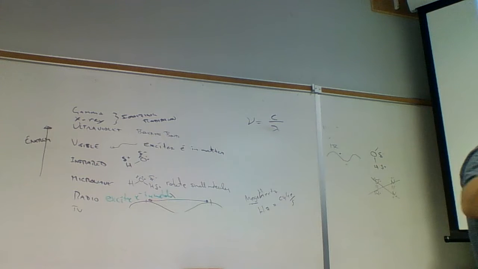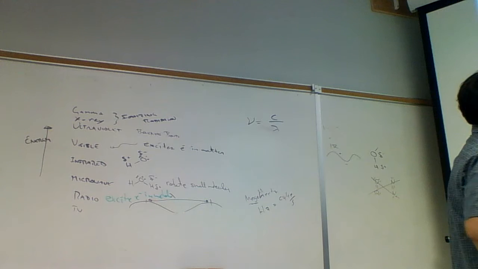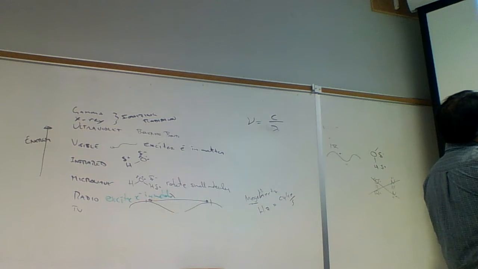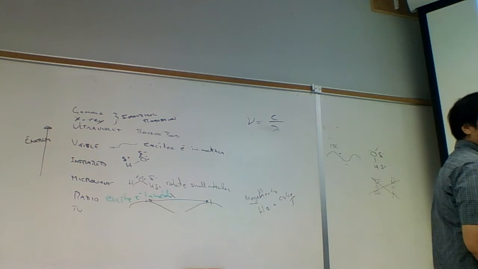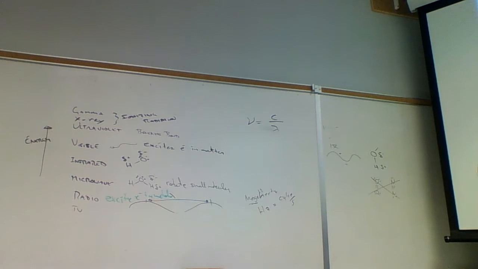It's a meter wavelength, but we get 1 million of these passing by in 1 second. That's moving fast. Okay, then over here, look at the gamma rays. It's 10 to the minus 14 meters. 10 to the minus 14 meters, how big is an atom? How big is an atom?